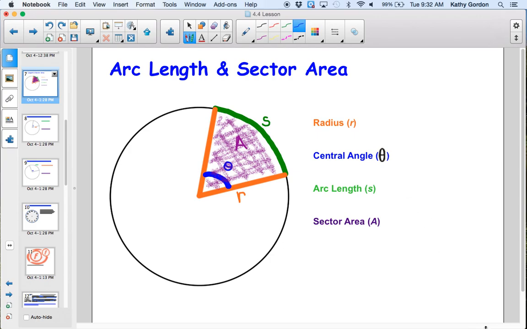The other thing I just want to point out here really quick, because I don't think I said it before. A lot of times when we talk about angle measures, but we don't know what the actual measure is, mathematicians tend to use Greek letters as their variables for those rather than regular letters.